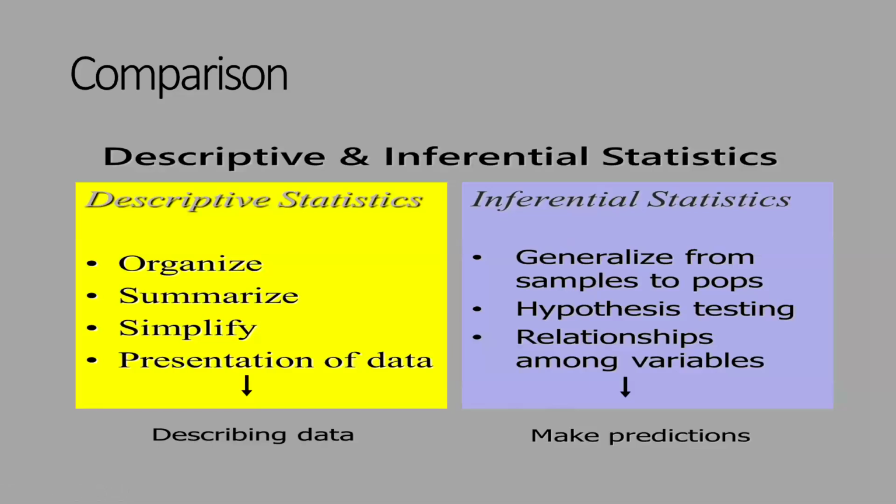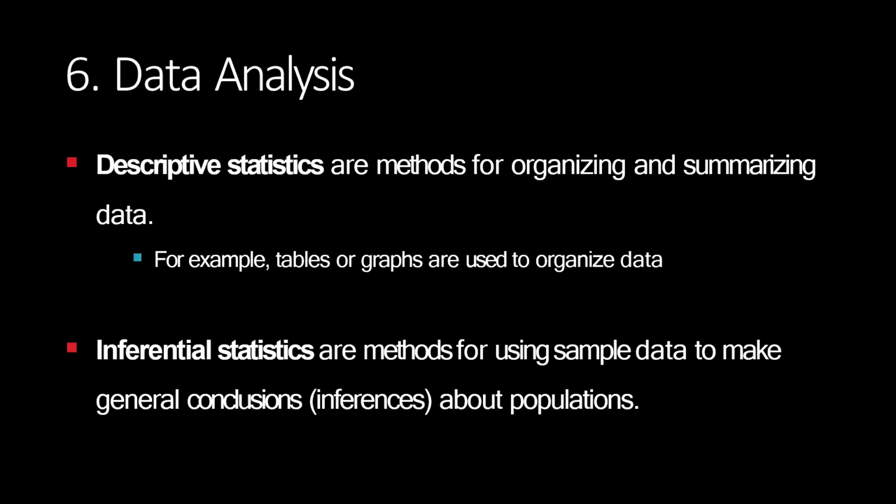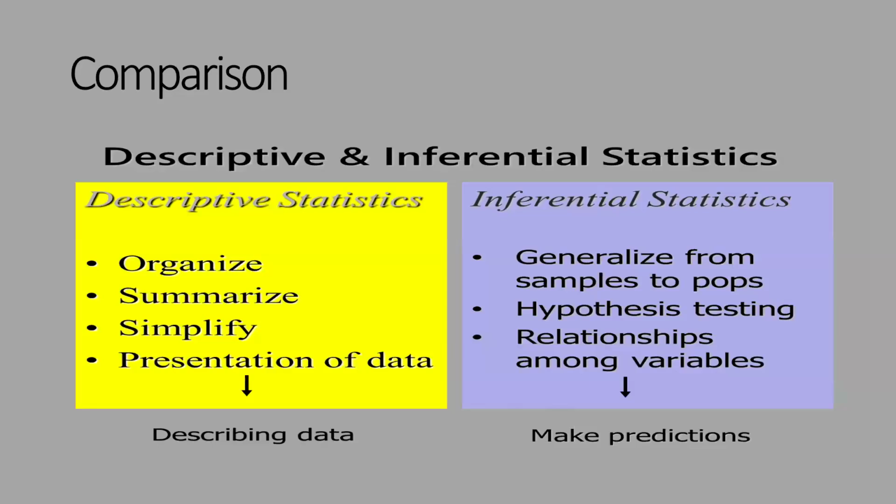Okay, let's compare descriptive and inferential. For descriptive, the steps involved are organize, summarize, simplify, and present the data. What you have done is organize and summarize the whole data, so you have very keenly observed the deviations or the events. First you organize the data, then summarize it, simplify it, and then present it. Why is there a need for simplification?